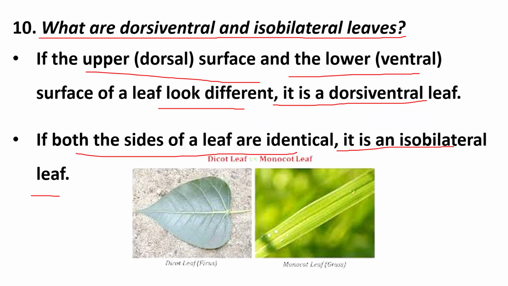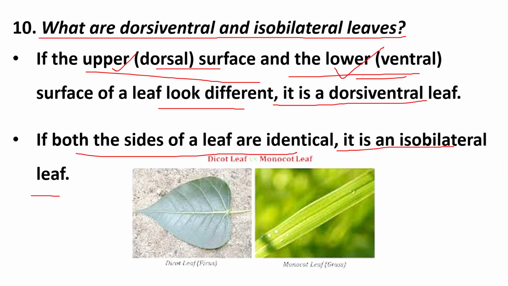So an isobilateral leaf will be the same on both sides, and a dorsiventral leaf will have a separate appearance on the dorsal surface and a separate appearance on the ventral surface. That is, the upper surface and the lower surface will look different.